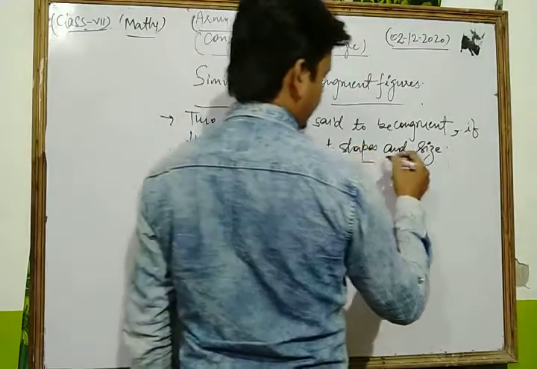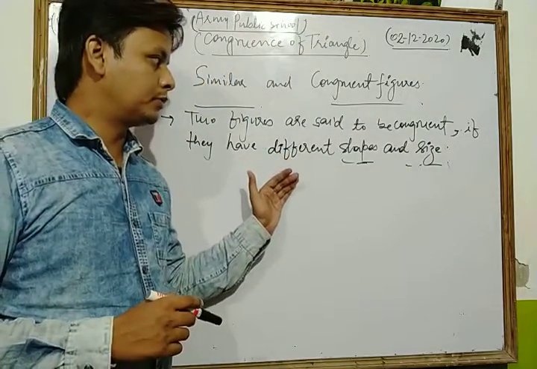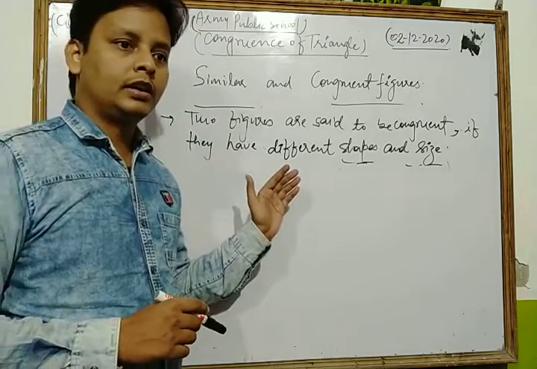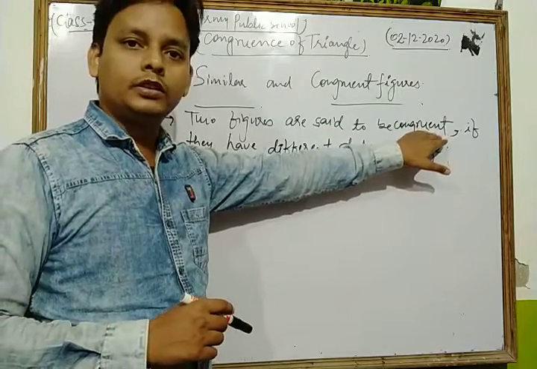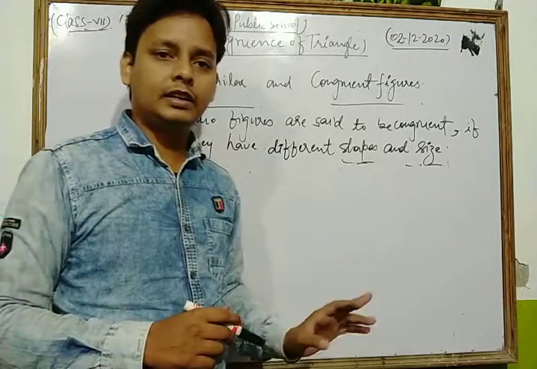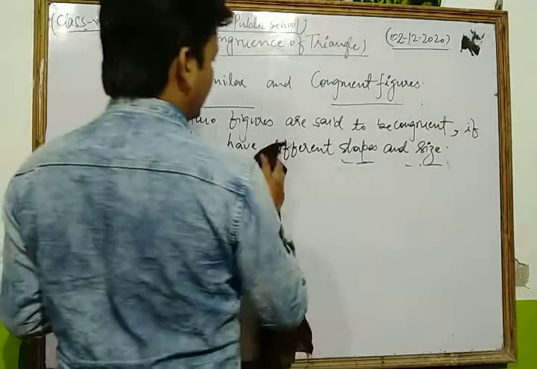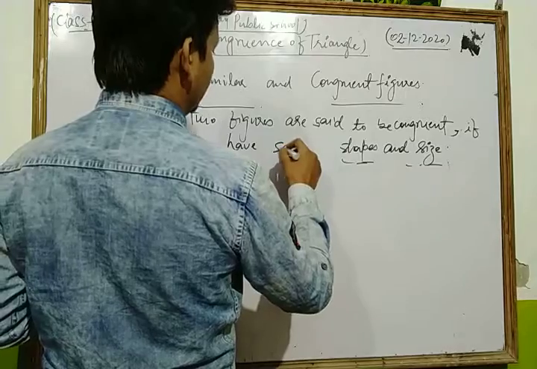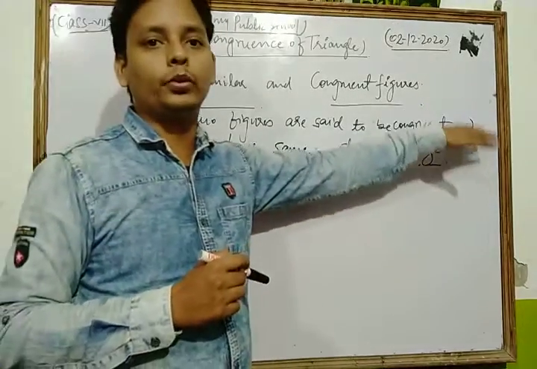Okay, this is the concept of congruent figures. Thus in this way two figures are said to be congruent if they have the same shape and size.